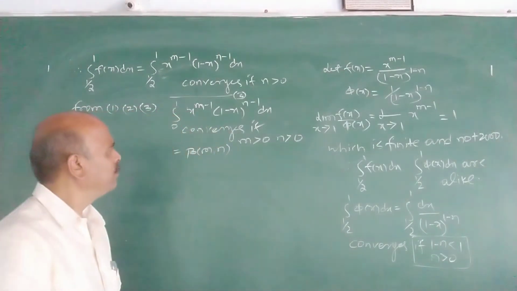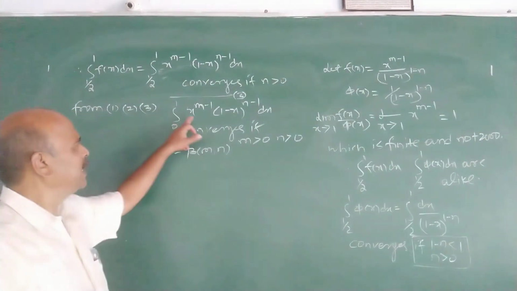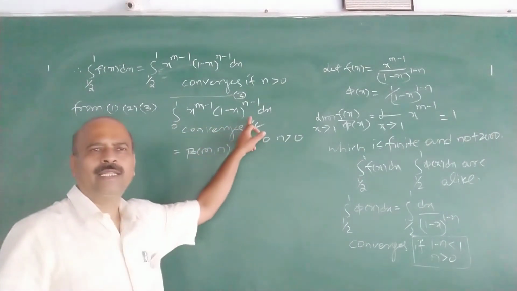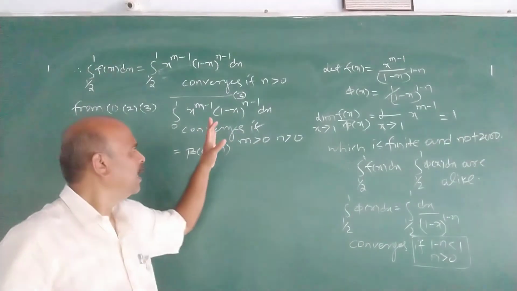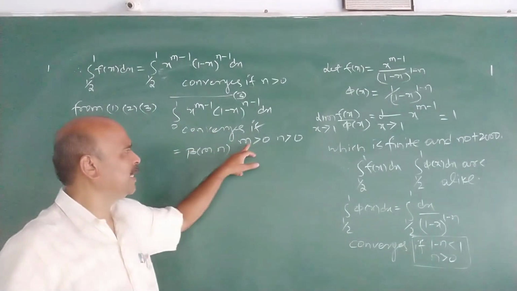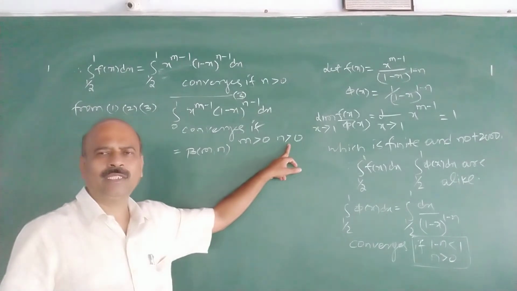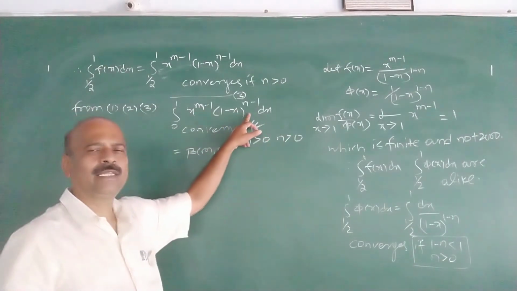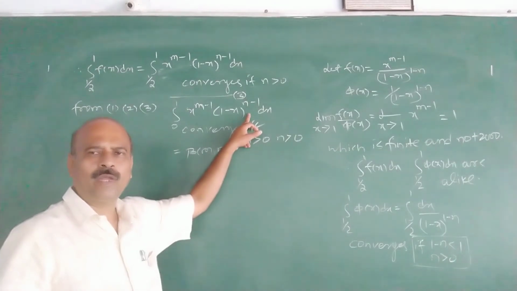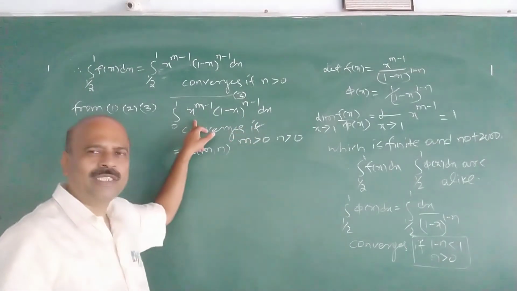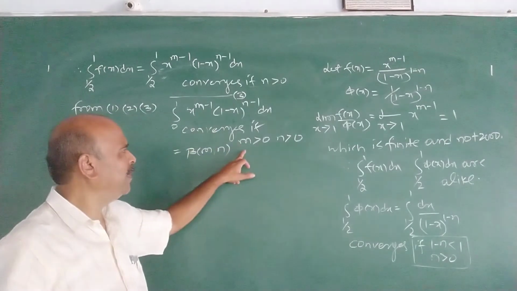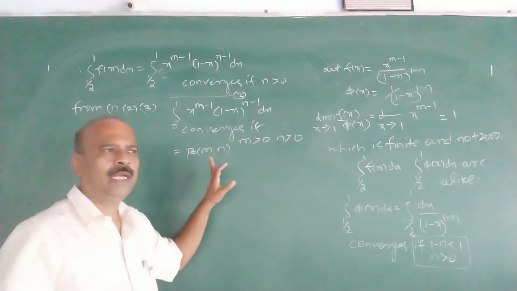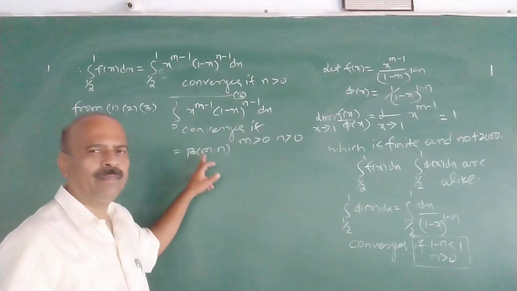To summarize, the integral from 0 to 1 of x raised to m minus 1, (1 minus x) raised to n minus 1 dx is an improper integral, and it converges only when m is greater than 0 and n is greater than 0. This includes m and n equal to or greater than 1 also. It is a function of two variables and is denoted by beta(m, n).